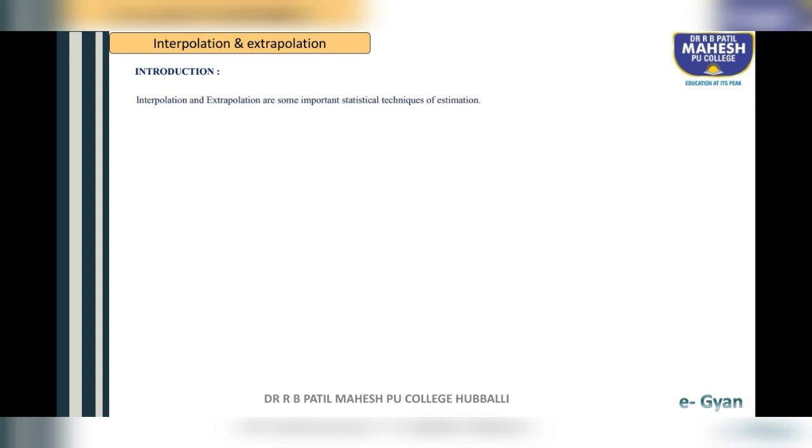Introduction. Interpolation and extrapolation are important statistical techniques of estimation. For example, consider 2 variables x and y, where x is the independent variable and y is the dependent variable.